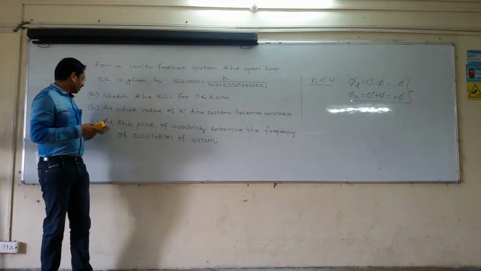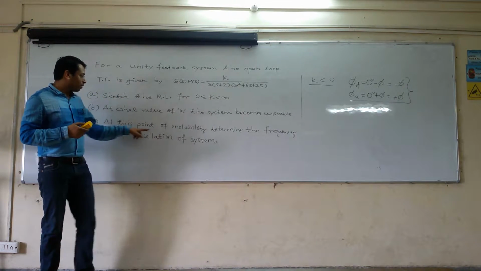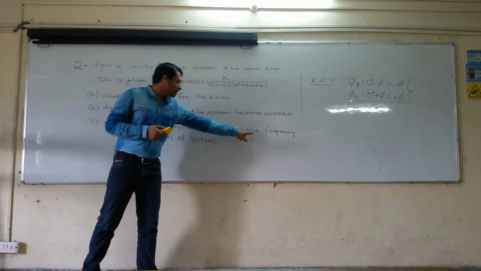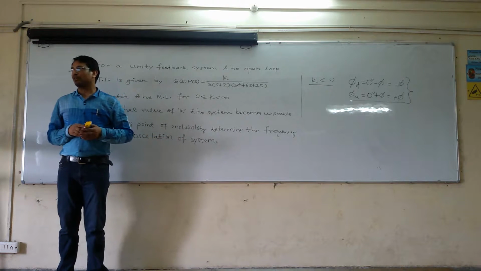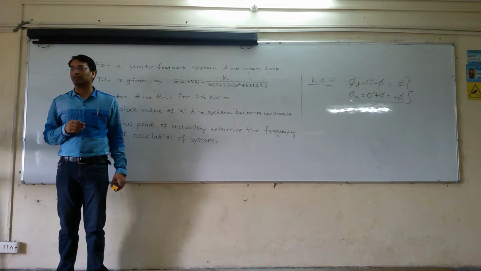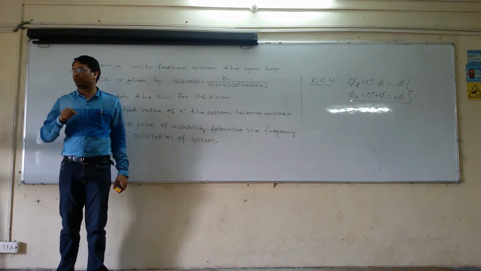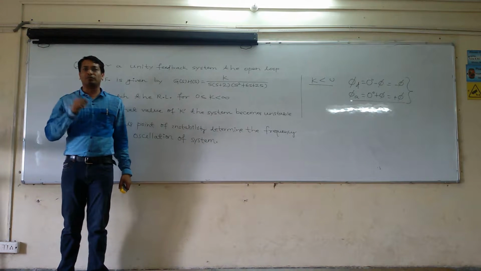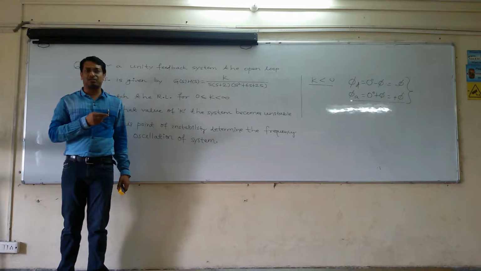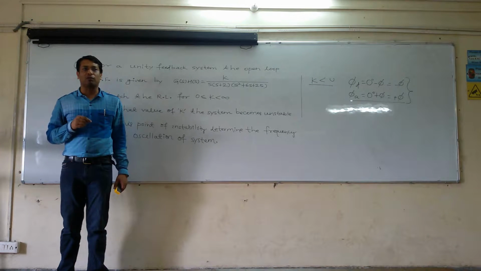At this point of instability, determine the frequency of oscillation of the system. What will be the associated frequency? After finding K equal to K marginal, you will put this value of K marginal in your characteristic equation and solve for the value of s.